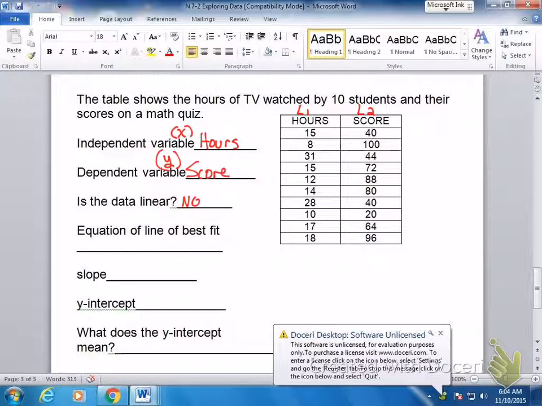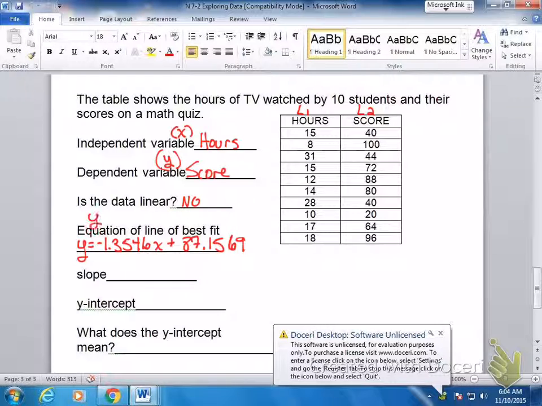The equation of best fit I got was Y equals -1.3546X plus 87.1569. I went ahead and rounded to 4 decimal places just like we did on the other one. Hopefully you got those same numbers. So that gives us something.